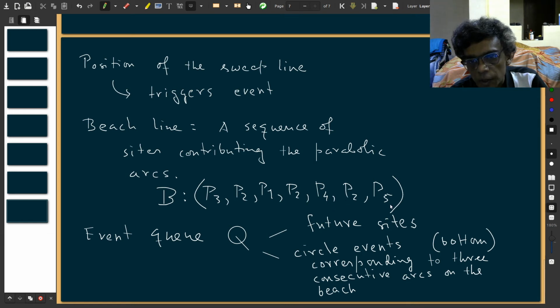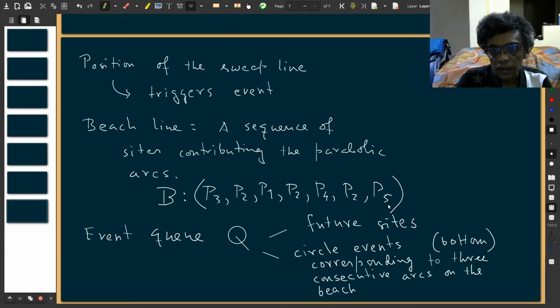Likewise P4, P2, P5. When the beach line is like this, your P3, P2, P1, P1, P2, P4 and P4, P2, P5, these three circle events will be stored. Okay. Now let us see how we can handle a site event and a circle event.